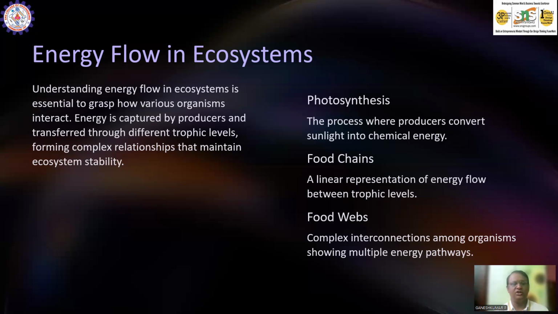So, understanding the energy flow in an ecosystem is essential to grasp how the various organisms interact with each other. Energy is captured by the producer and transferred to the different levels, and the complex relationships maintain the ecosystem stability. That is maintained by photosynthesis, food chain, and food webs.